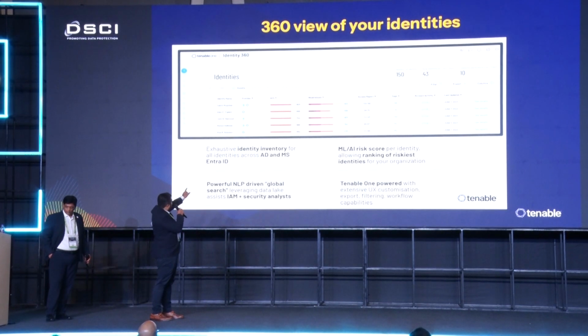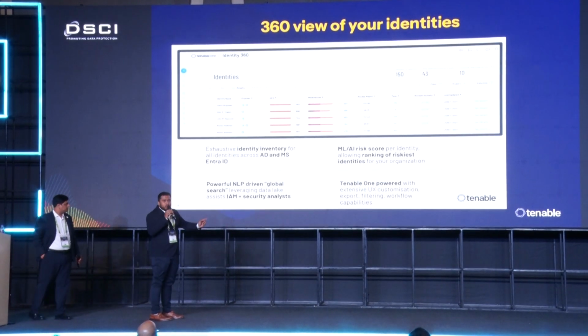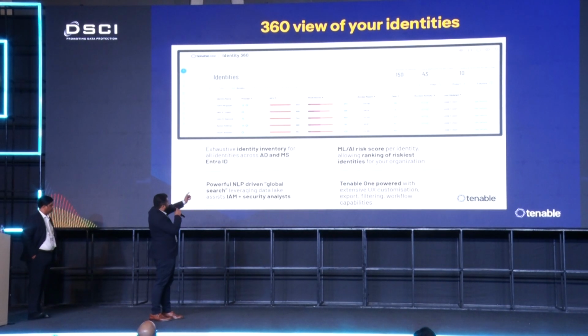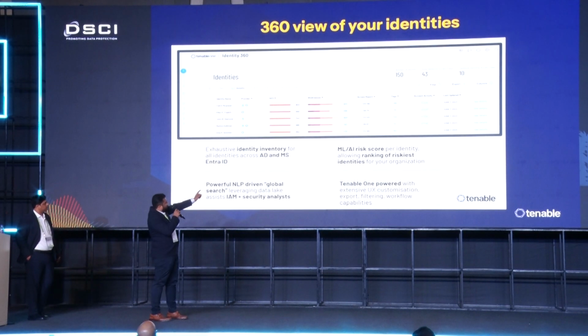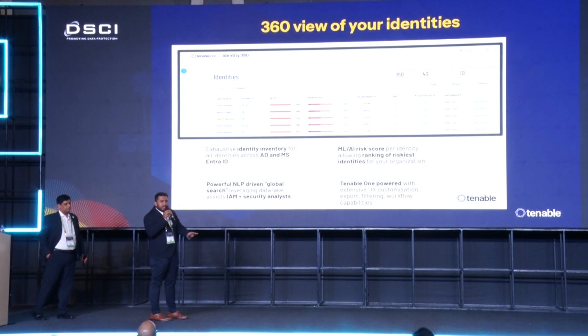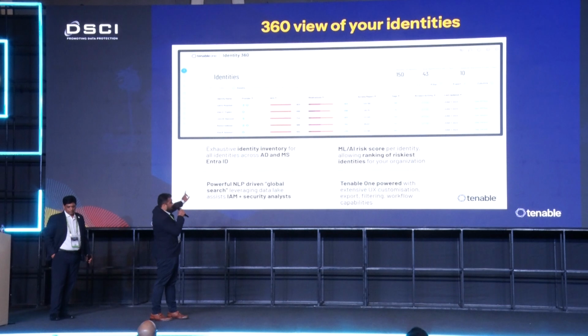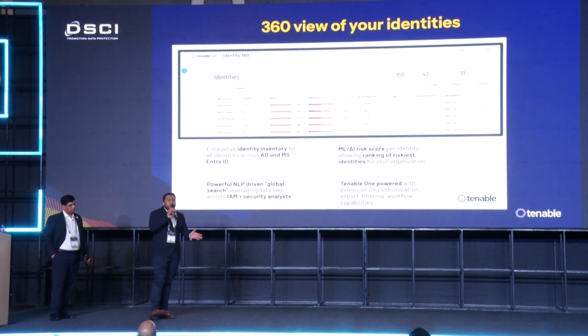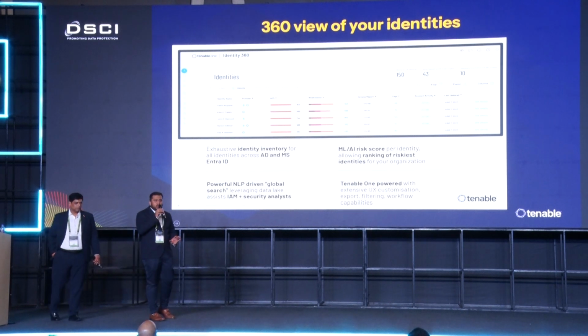It lets you know where the user is, which domain he is connected to and belongs to, what the weaknesses are, and what the report is, and if you go to the details, it gives you the complete history of that particular identity. So there are multiple perspectives, not only from the vulnerability perspective but from the identity perspective also.